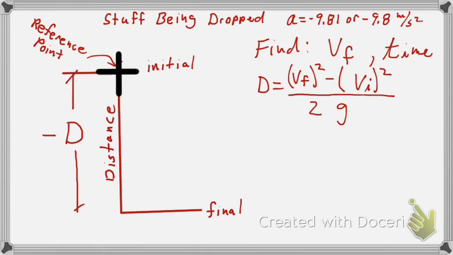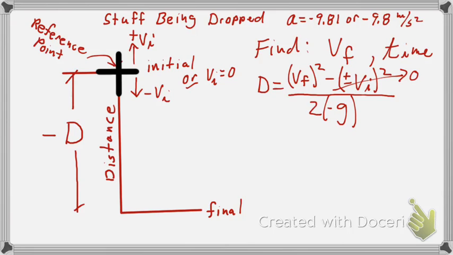It doesn't matter if I'm given a V initial that's positive or negative or 0. I can appropriately substitute it into this equation, and I'm good to go. Notice how I make the gravitational acceleration constant negative. Then I can solve for V final quite easily, and I'm done.